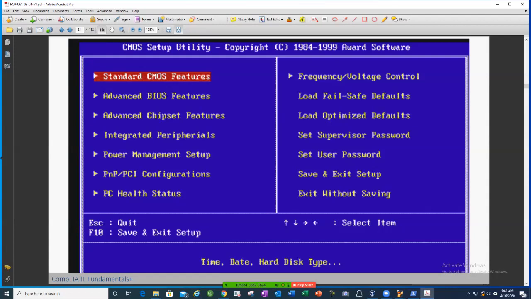You have to be careful, because if you misconfigure the BIOS, the computer may not function properly, or you may degrade the performance of the computer. But if you messed up and want to start over, there is a feature in most BIOS where you can load the default setup, and it basically goes back to the way it came from the manufacturer.